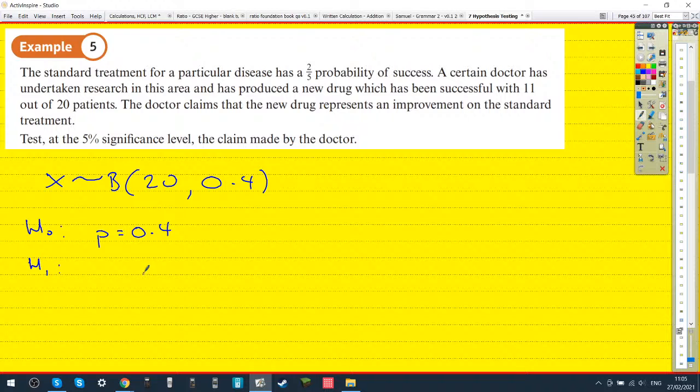It's less. So what's 2/5 of 20? 8. Or no, I tell you what. 2/5 is 0.4. What is 11 over 20 as a decimal?